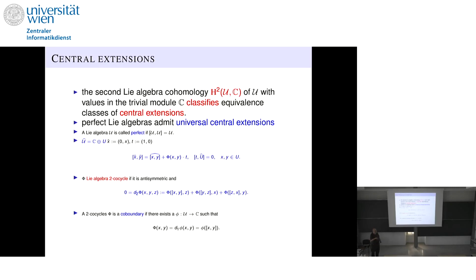So that all central extensions are surjective images of the universal central extension. Maybe you will understand it a bit better. So all central extensions come from the universal central extension.